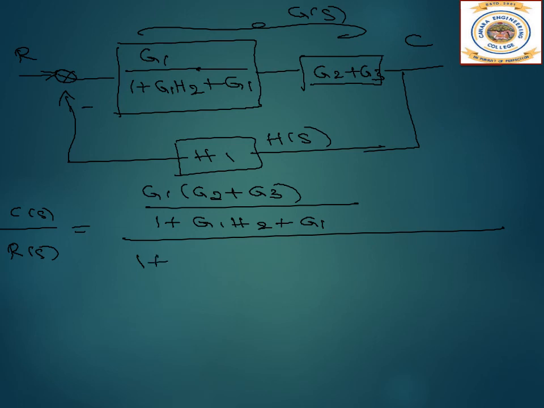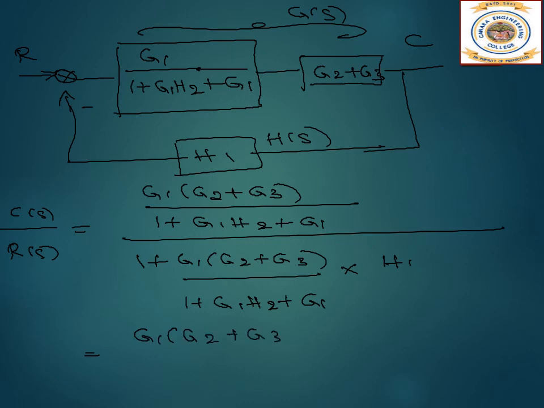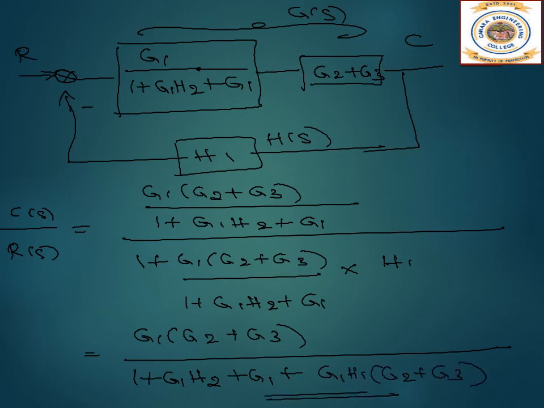So 1 plus G of S into H of S, which is H1. After simplification we get G1 into G2 plus G3 whole divided by 1 plus G1 H2 plus G1 H1 into G2 plus G3. So this is the answer for C of S by R of S.